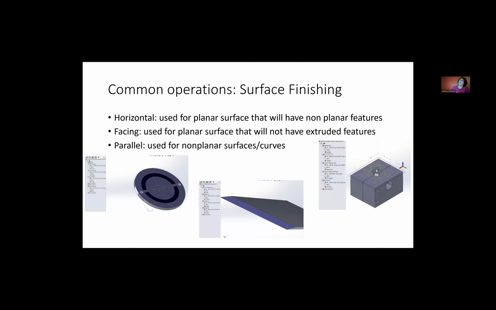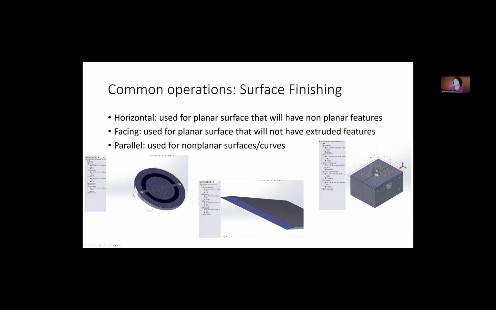Next we'll talk about facing. Facing doesn't necessarily know any of the protruding or cut geometry. As you can see with the disc on the left-hand side, the path goes over the top of the material and ignores all of the cutouts and holes and geometry that I've put there.